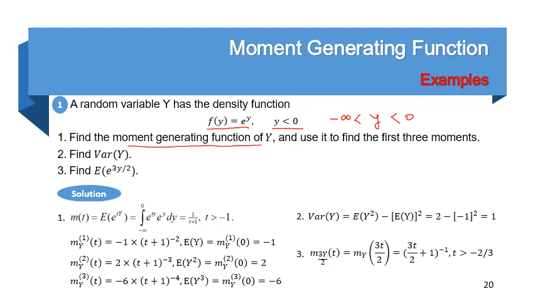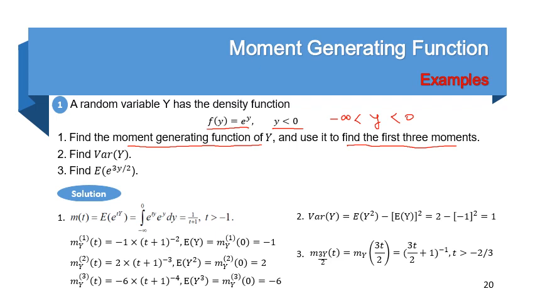He asked us to find the three moments: expected value of y power 1, expected value of y power 2, expected value of y power 3. And these, you know, we can get by differentiating once, then we put t equal to 0, differentiate another time, then we put t equal to 0, and so on.